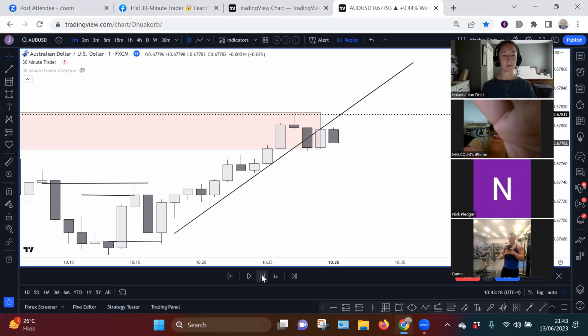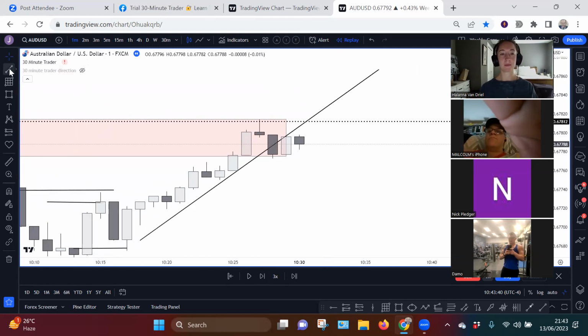So let's take one more candle. It's going sideways. See how this candle is inside this one here? This is called an inside bar. At this point of view, it doesn't really say anything, it just says it's going sideways.